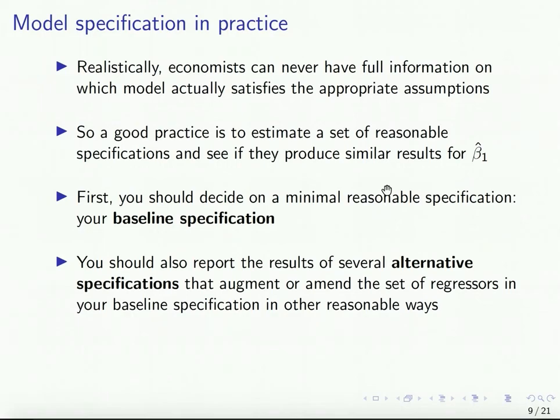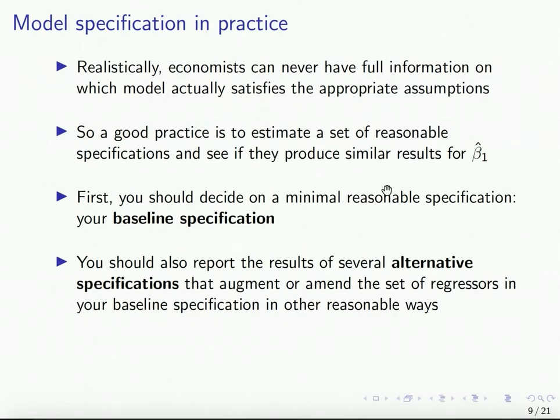Why? Because you know that if you omit ability, then by definition you're going to get a beta 1 that is biased. You're so sure that ability is an omitted variable bias if you don't include it in your model that there's no point in you showing me a result in which ability is not included.